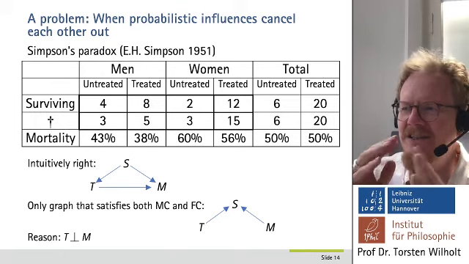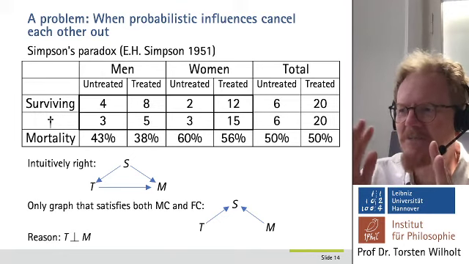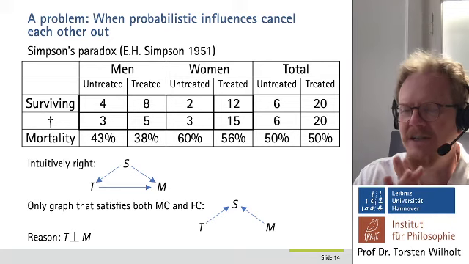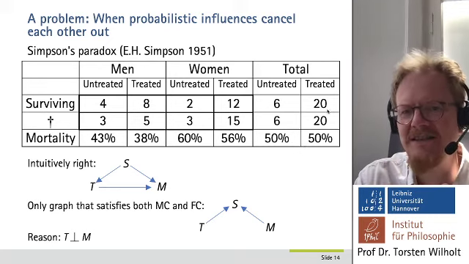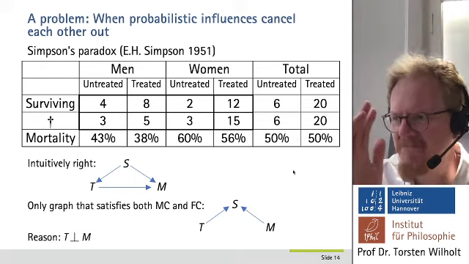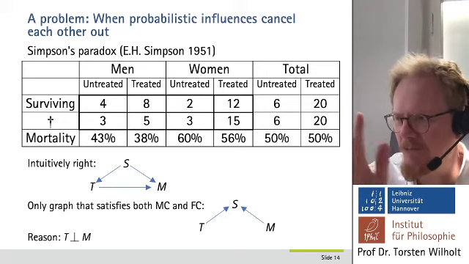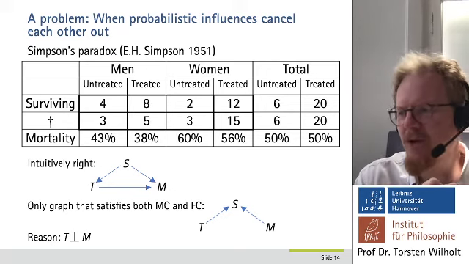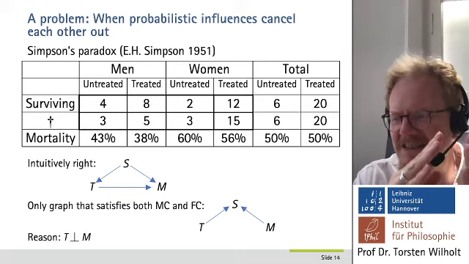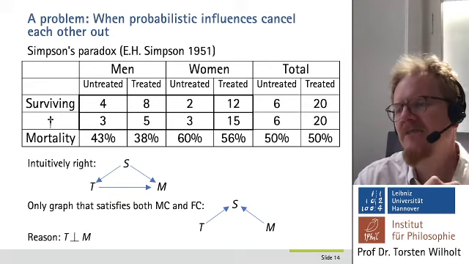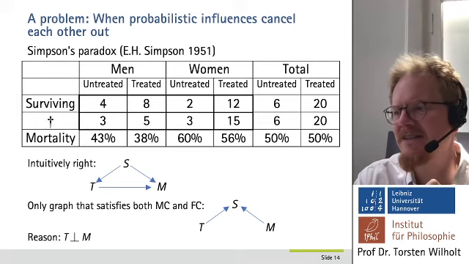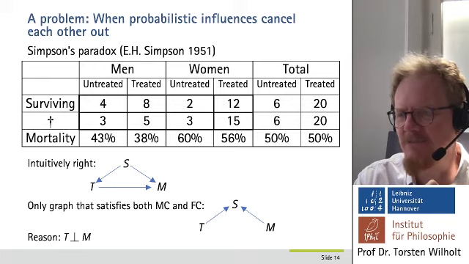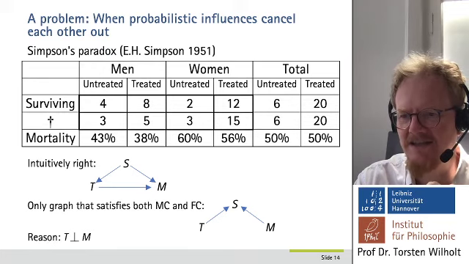So the problem disappears from the perspective of causal modeling if there's just a slight tiny bit of difference between the mortalities, then again we have correlation and no problem. Only if it cancels out exactly, and that is basically infinitely improbable. That's what they say.